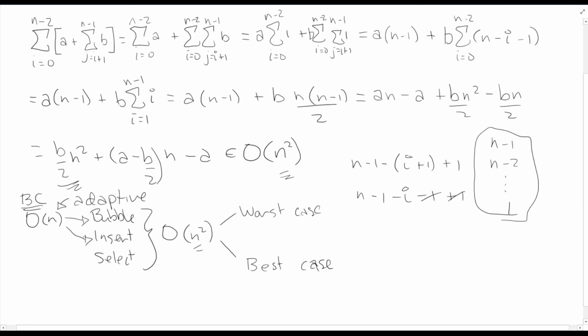The algorithm we just looked at, though, selection sort, because its inner algorithm is to find the minimum element, even if the minimum element is in the first location, it still needs to check that element against all of the other elements in the list. So unfortunately, selection sort does not have a best case of order n.